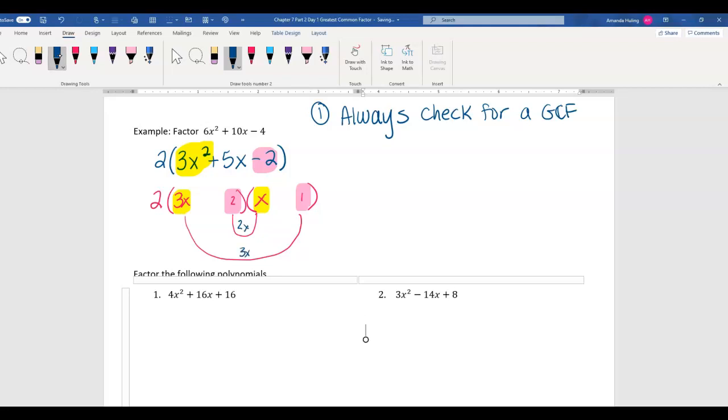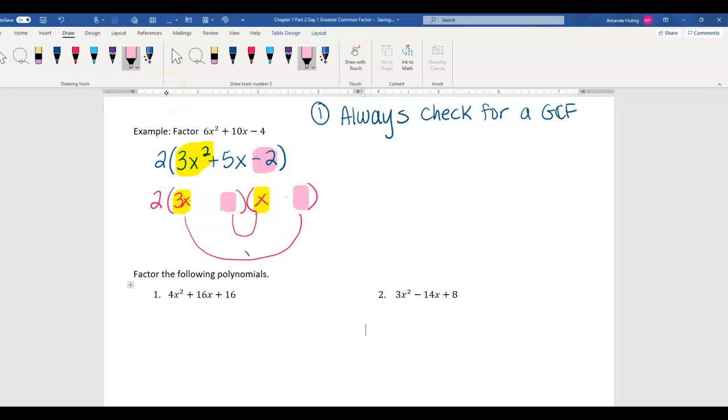Now, we need to be very careful because that can give me positive 5x, but they would both have to be positive. Can they both be positive? No, they both can't be positive. And the reason is then I would have positive 2 here. So I know that's incorrect. So I need to go change that.